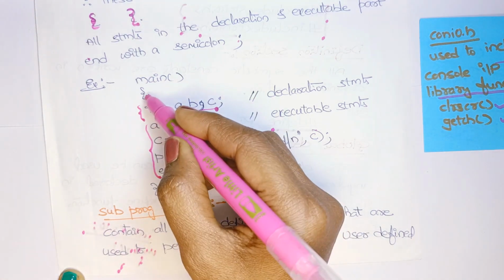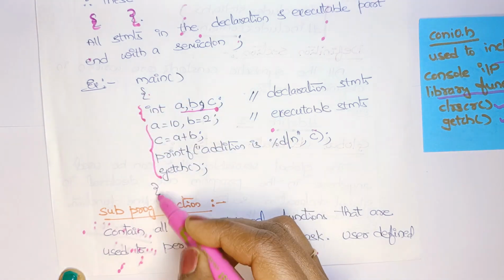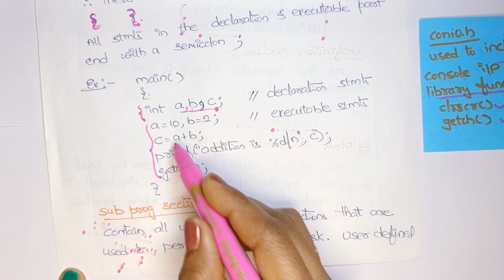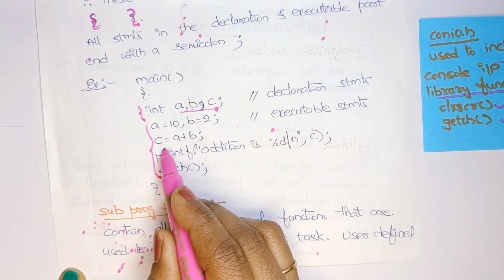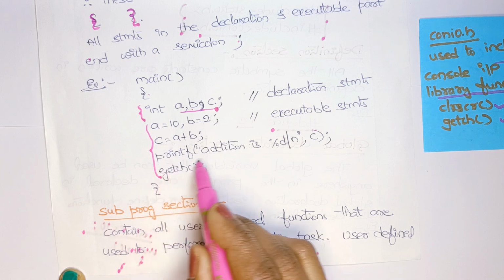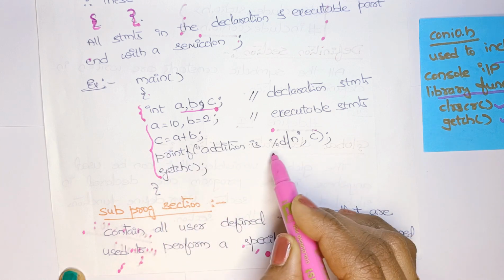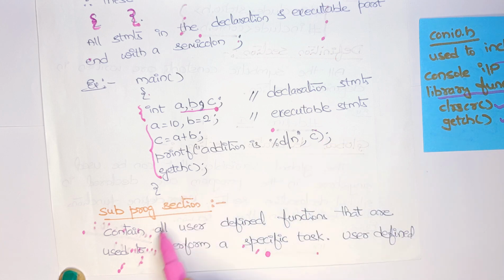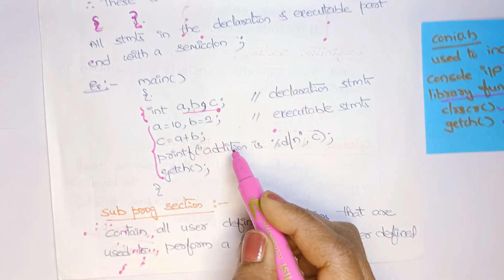All these parts are enclosed with open and close flower braces. And here a is equal to 10, b is equal to 2, c is equal to a plus b, and you need to print this value, right? So printf addition of two numbers is %d, comma c, I am writing. Then getch. This is nothing but a main function.